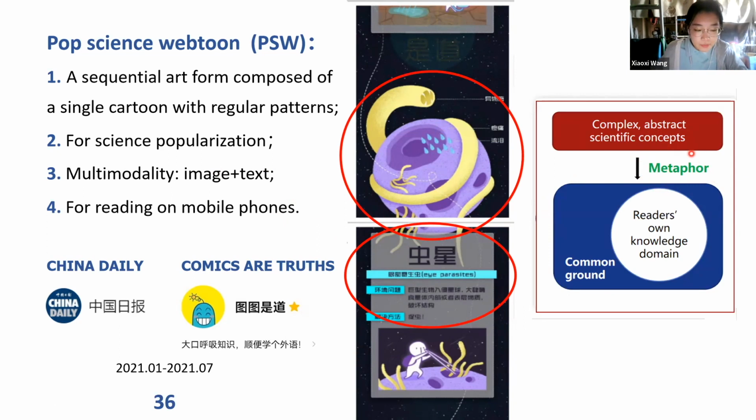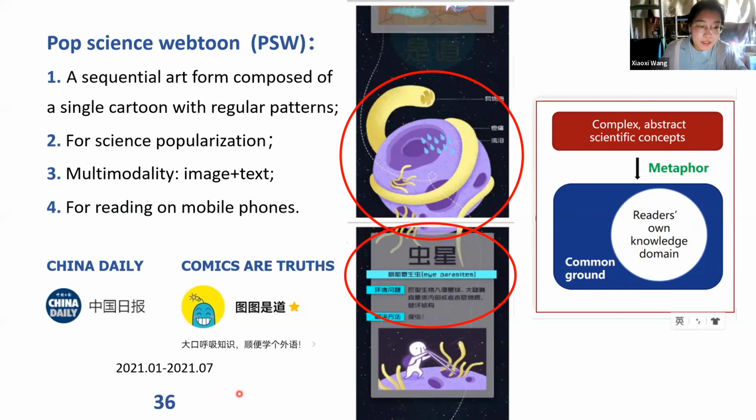Lakoff and Johnson argue that metaphor is an important cognitive tool that allows us to understand and interact with the world. In popularizing science, metaphors help readers deal with complex things by using their own knowledge domain.